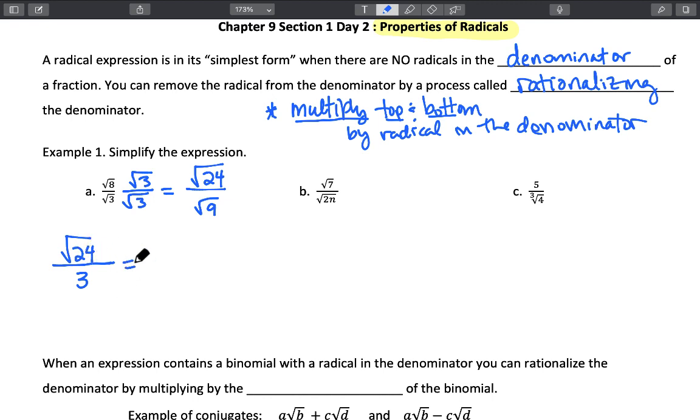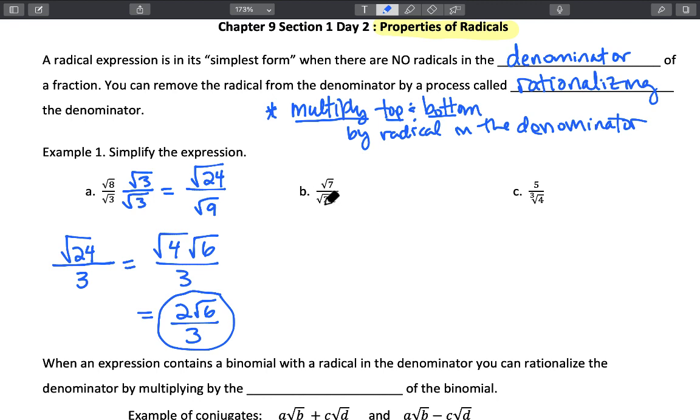I can simplify the square root of 24 by breaking it down into two factors, one of which is a perfect square. So the square root of 4 times the square root of 6, and that's going to simplify to 2 root 6 divided by 3. And there is my final simplified solution.